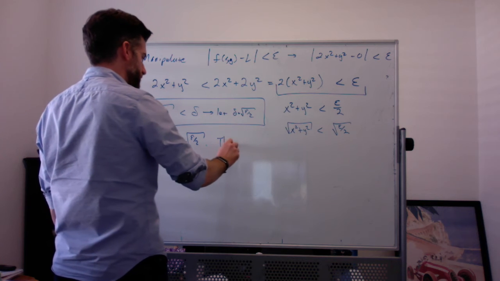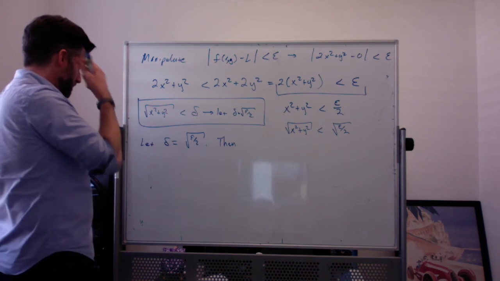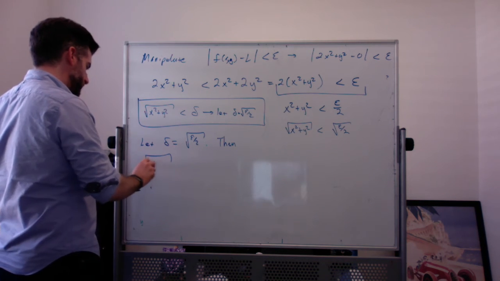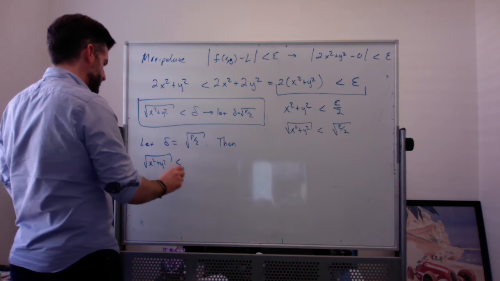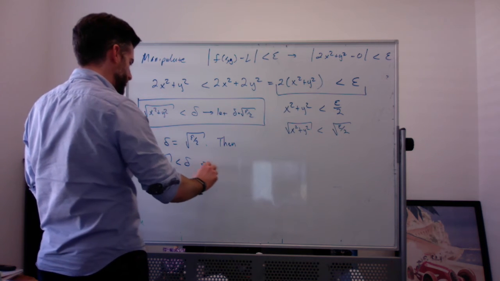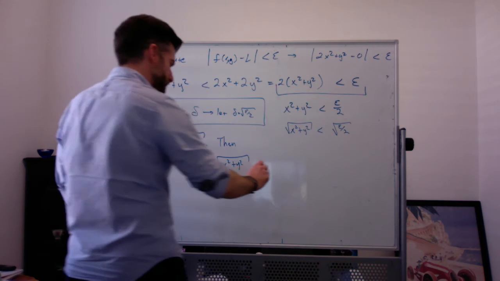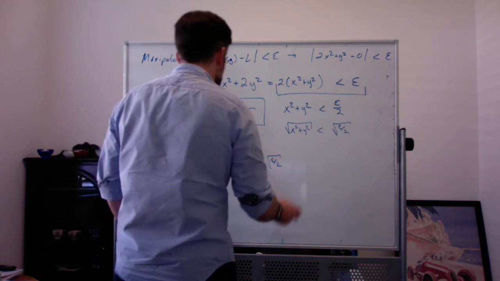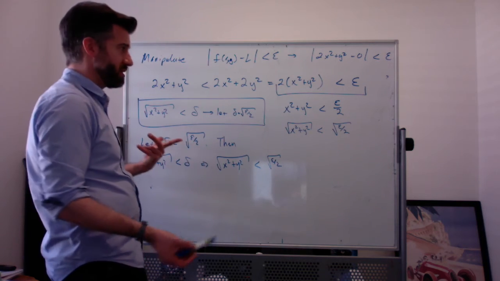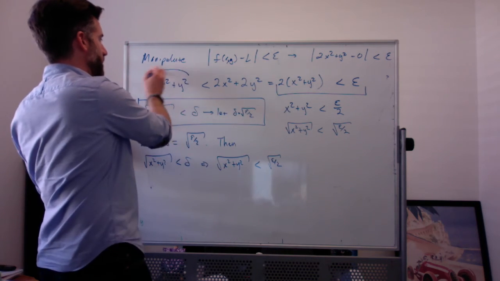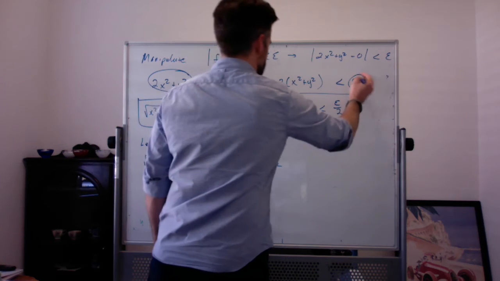This depends on what your teacher wants. Then the square root of x squared plus y squared less than delta implies that the square root of x squared plus y squared is less than the square root of epsilon over 2. And you can either show all the work, or you can just jump to saying, oh, well, that means what I want. That that's less than that.